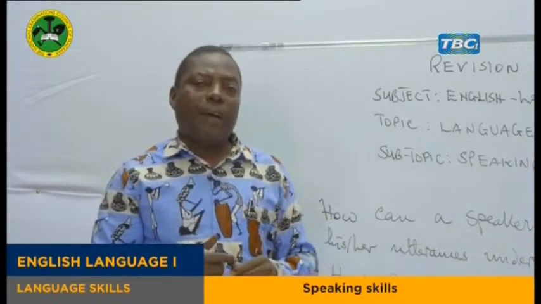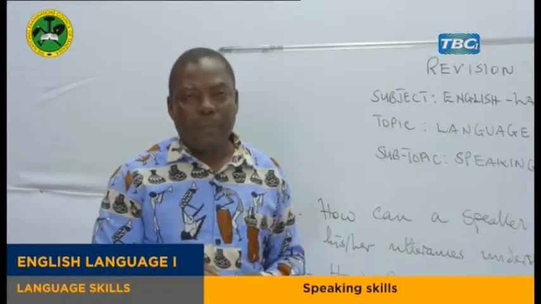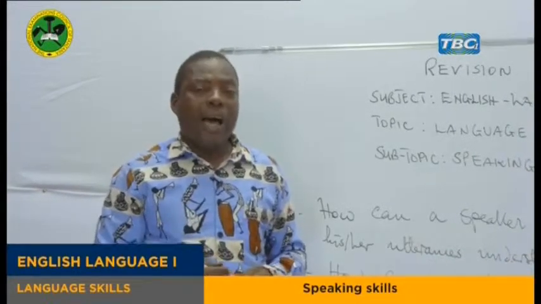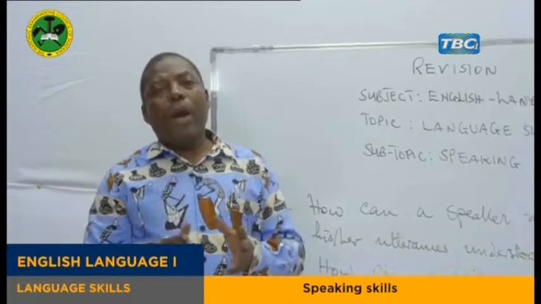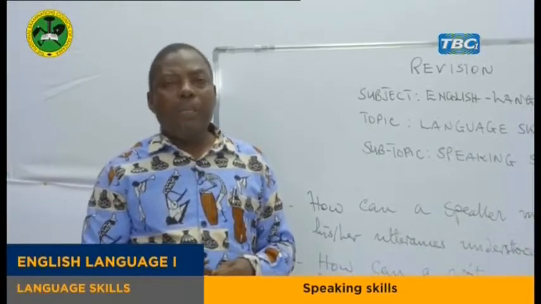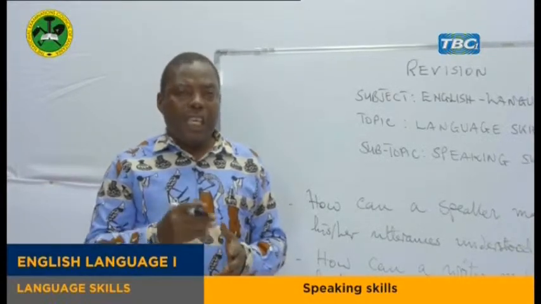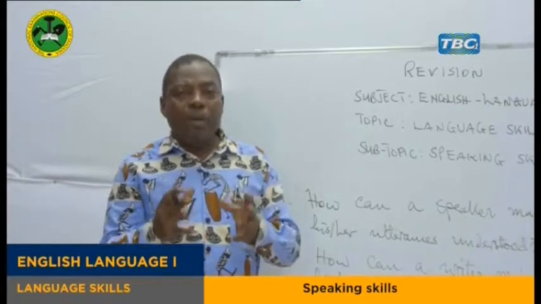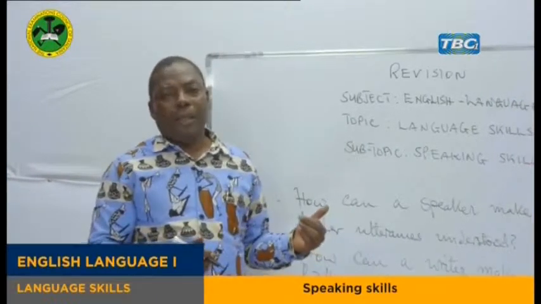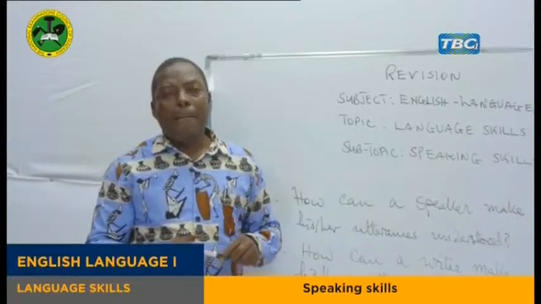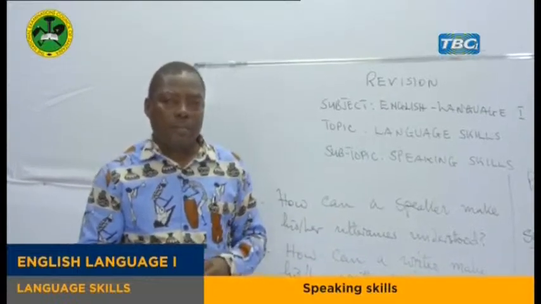Now, when you put them together, there is a way you can pronounce that word. English words are different from Kiswahili ones because the way a word is pronounced is sometimes not the way it is written. So this inconsistency or mismatch between the pronunciation and the spelling sometimes makes most people fail to pronounce English words.